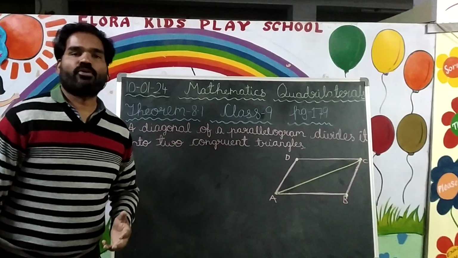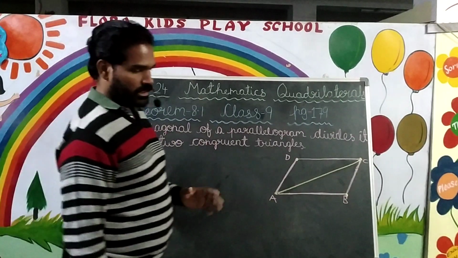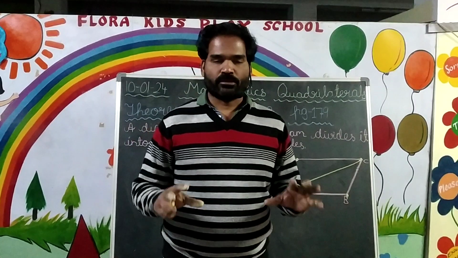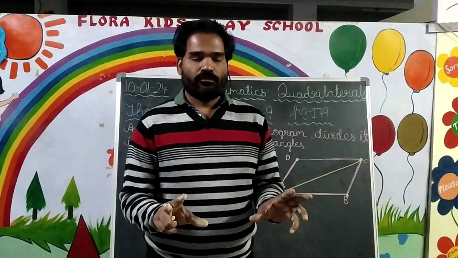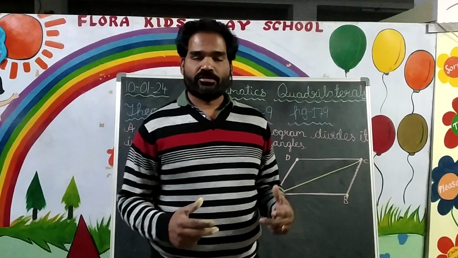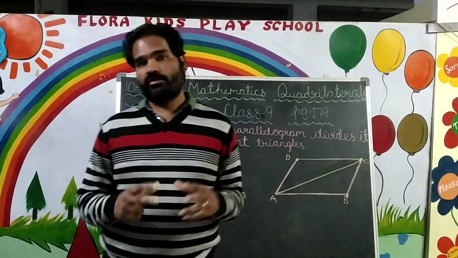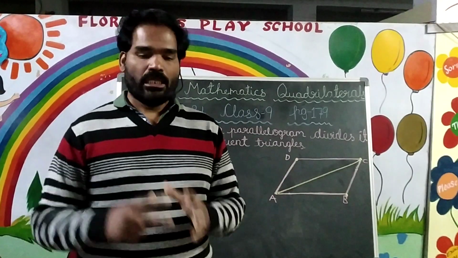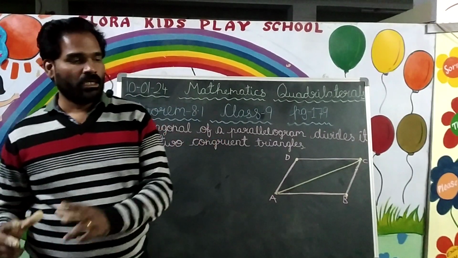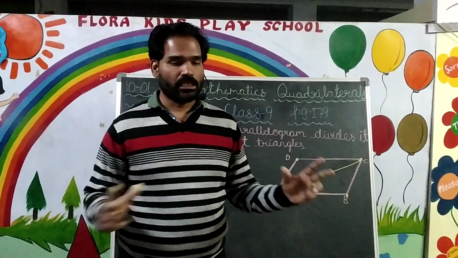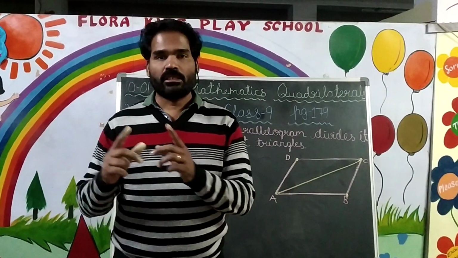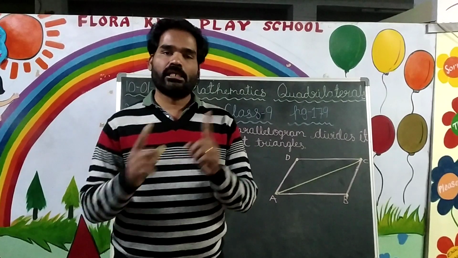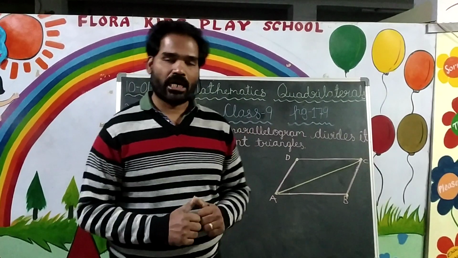What is the meaning of congruent triangles? Congruent triangles means two triangles that, with respect to their sides and their angles, are equal. Three angles of one triangle and three angles of the other triangle are equal, along with the three sides of one triangle being equal to the three sides of the other triangle.